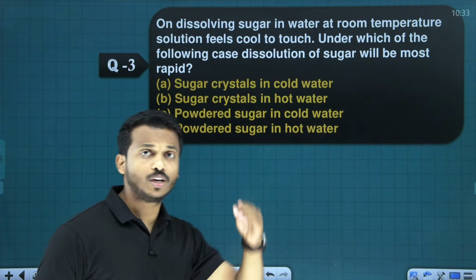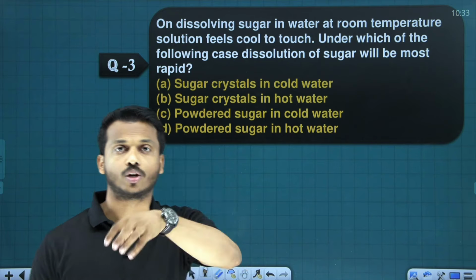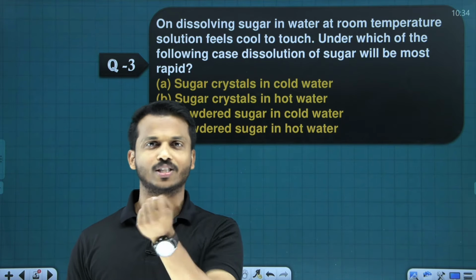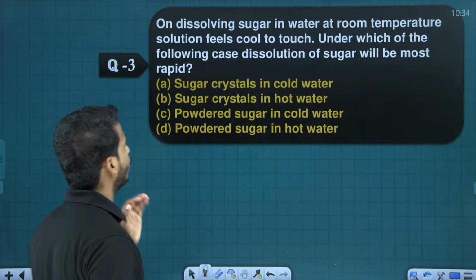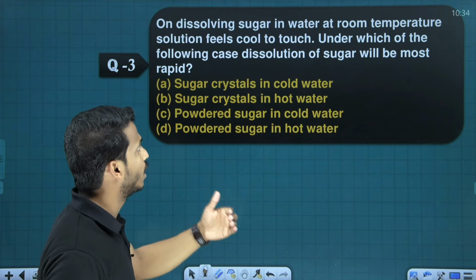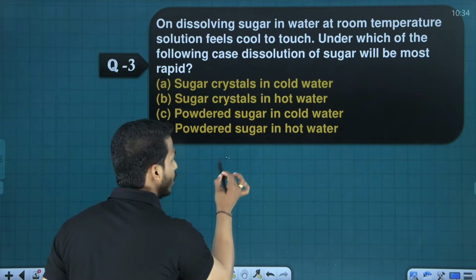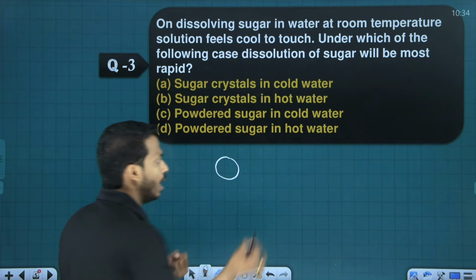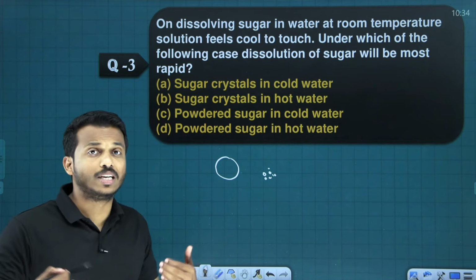On dissolving sugar in water, sugar is the solute, water is the solvent. At room temperature, under which of the following cases will the solubility of sugar be the most rapid? If you have a sugar crystal and sugar powder, which is easy to dissolve?